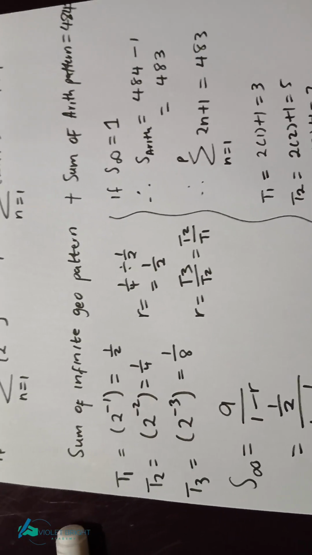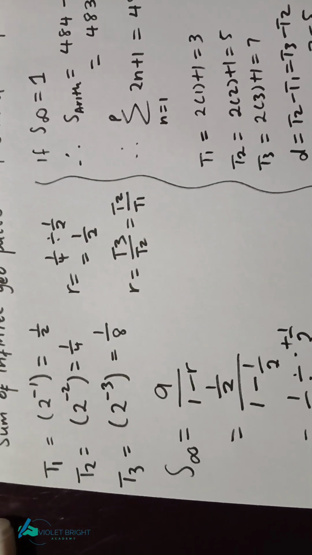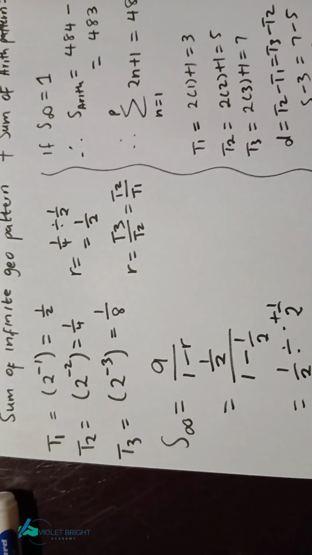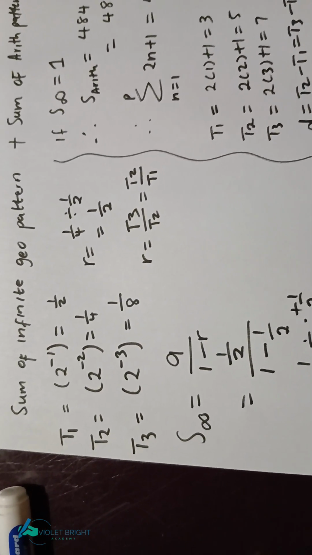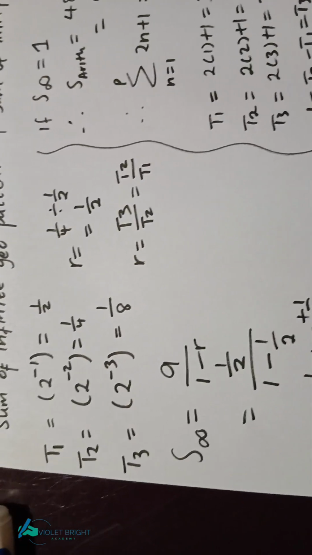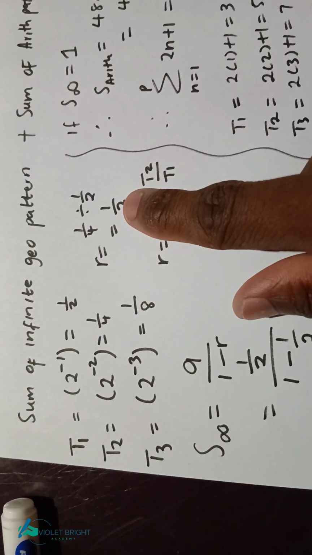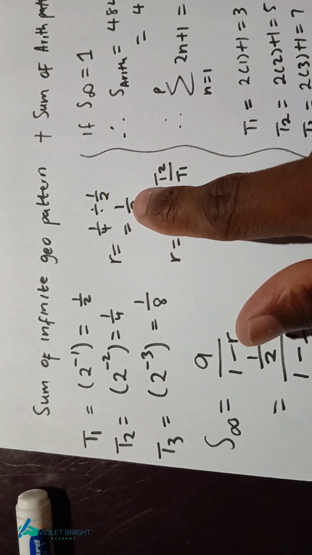Okay? So then after that, we just substitute what we got. A is a half over 1 minus r. r is a half; we found it here, T2 over T1 gives us a half.